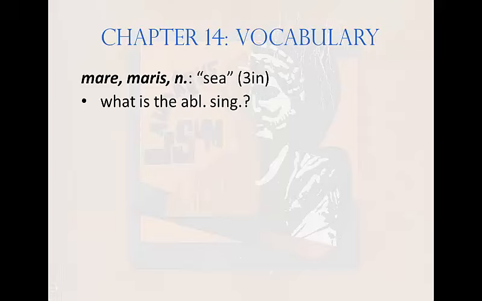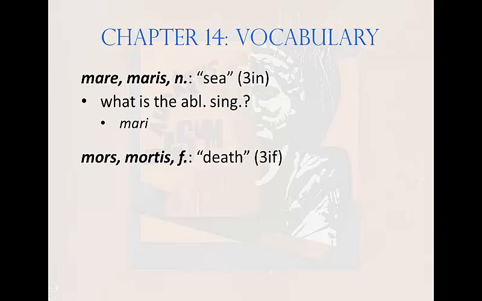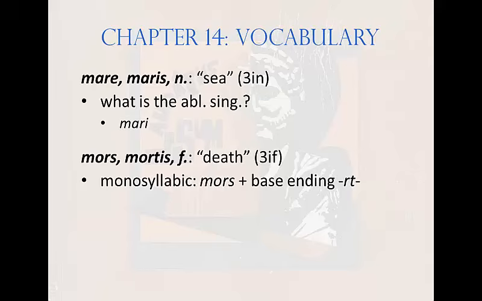Good for you, mari. The next word is mors, mortis, feminine, meaning death. Is it I stem? It is. It's monosyllabic, mors, and it has two consonants, R and T, at the end of its base. Therefore, it is I stem.